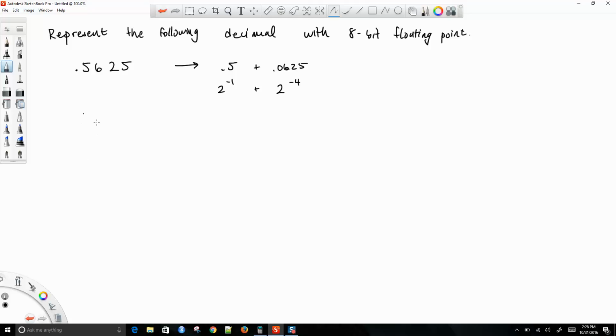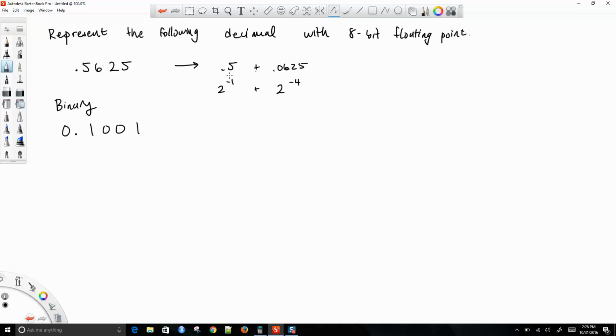Okay. So in binary, how would we do this? What would this be in binary, not scientific, but just in binary? It would be 0 point, with a 1 in the negative 1's place, and then 0, 0, and then a 1 in the 2 to the negative 4 place, right? This is okay?